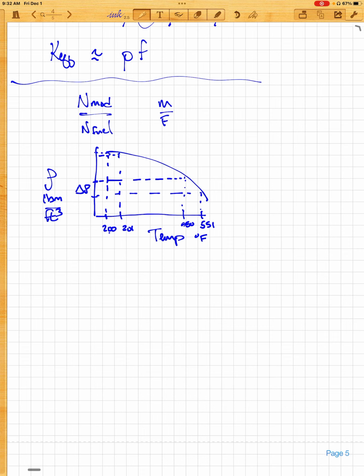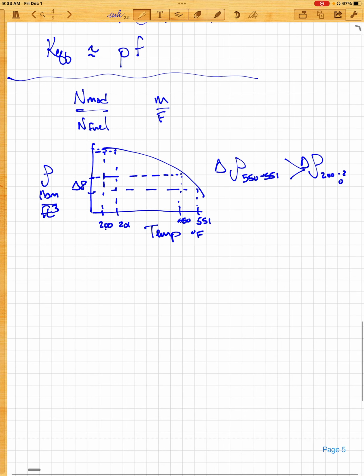So a small change in temperature will result in a large density change. That's a good concept to know before we get into this. So the change in density from 550 to 551 is much, much greater than the change in density from 200 to 201.